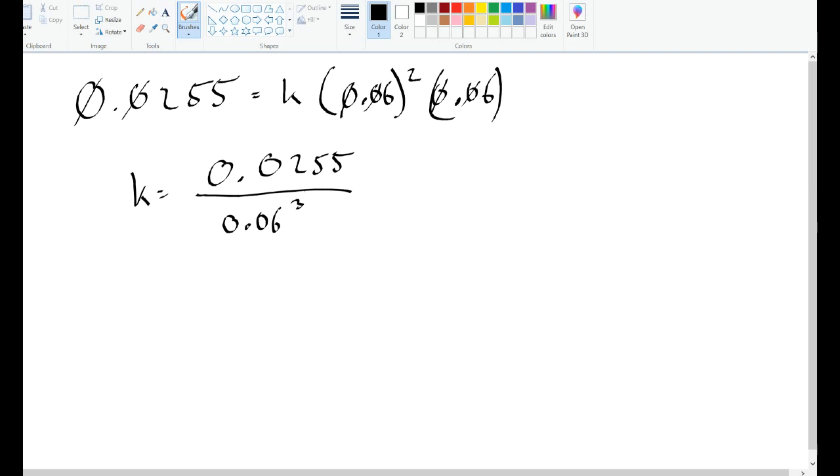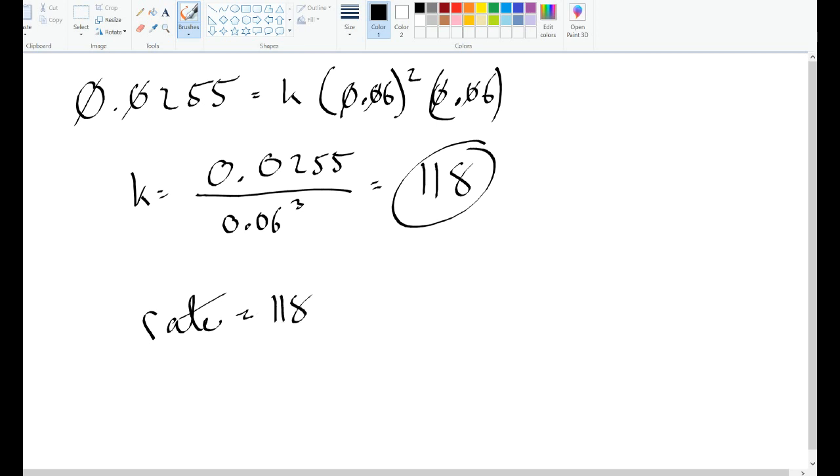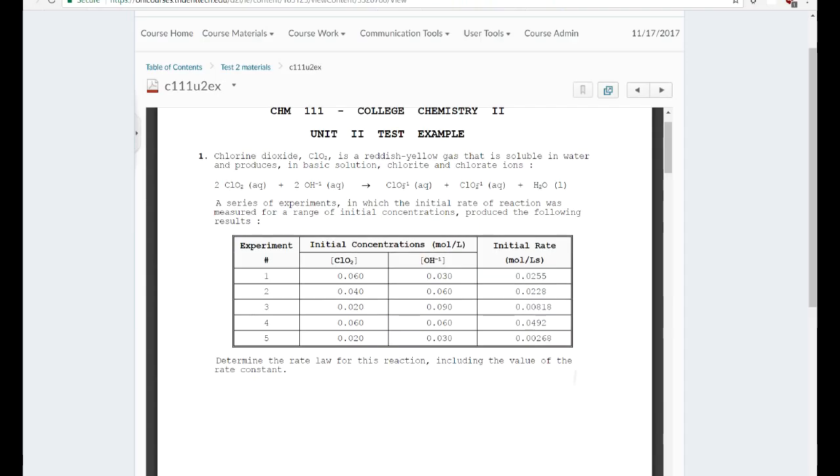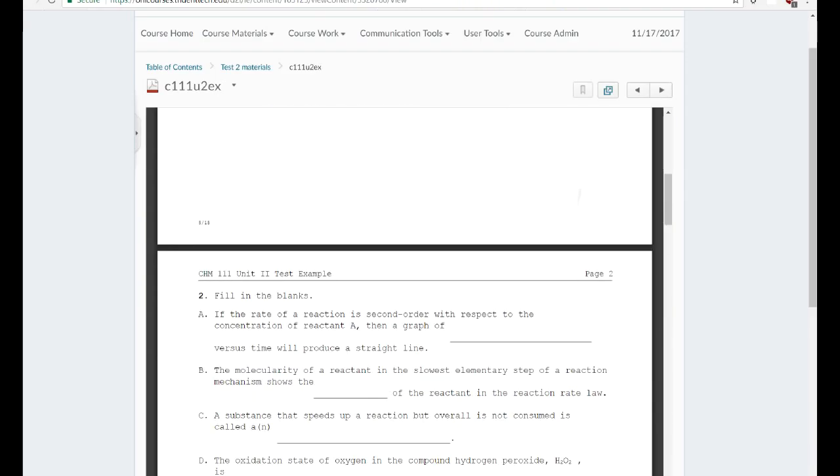Why not? Plug that into our calculator. That gets us K is equal to roughly 118. So that gets us the full rate law. And this really is the answer you're looking for number 1. So let's move on to number 2.